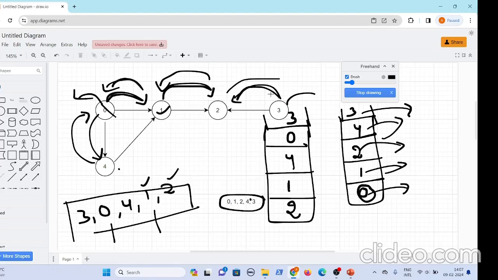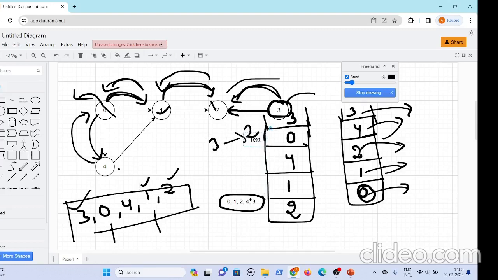This is also followed. Now, if you see here, there is an edge from 3 to 2, so 2 should come after 3. Ideally, 3 should come first and 2 should come next.